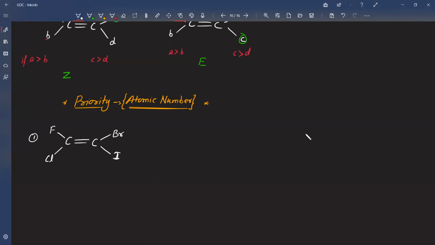That's why we are using the atomic number instead of mass number. Now if you see here, fluorine, chlorine, bromine, iodine. Out of fluorine and chlorine, chlorine will be the higher priority. Out of bromine and iodine, it will be iodine which has higher priority. So now tell me, what is this configuration, E or Z?